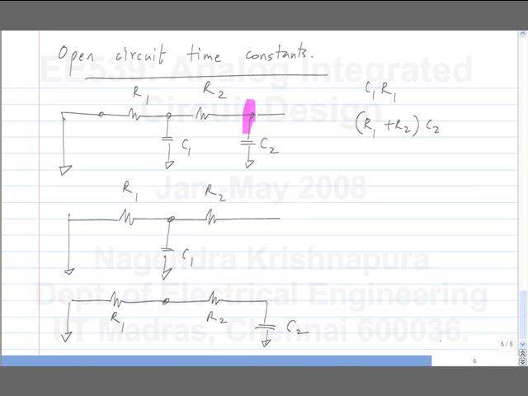Okay. And I forget exactly, I think the theorem goes that the circuit can be represented approximately with a first order system whose time constant is the sum of all these time constants.